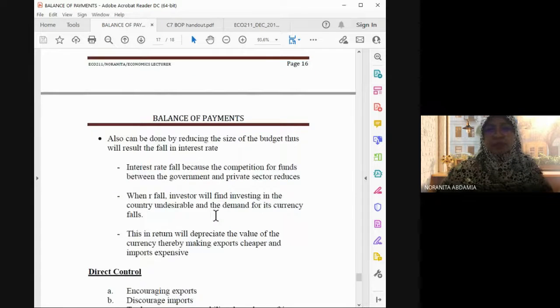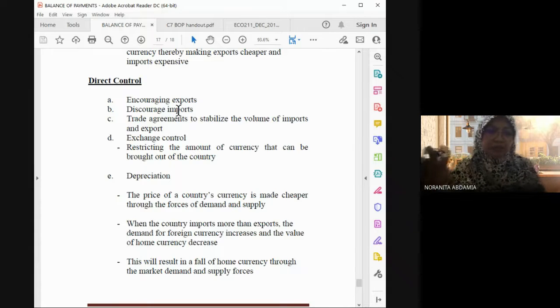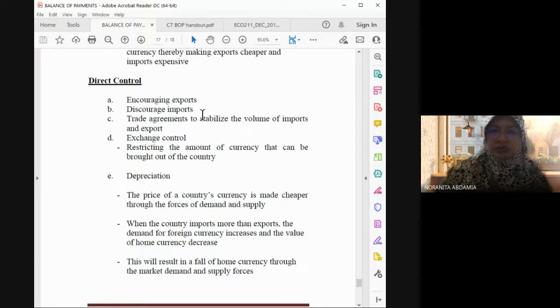Right? So same goes for direct control, nama pun direct, which is directly intervening in the problem. We can encourage export by using campaigns, advertising and so on, maybe in the packaging, belilah barangan buatan Malaysia. Discourage import, same thing.